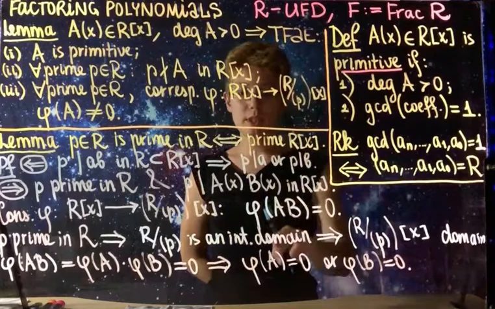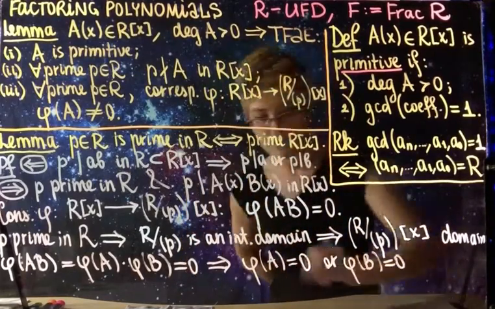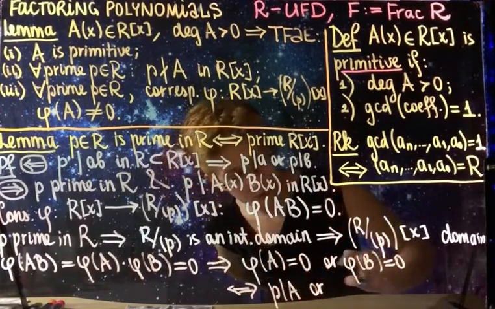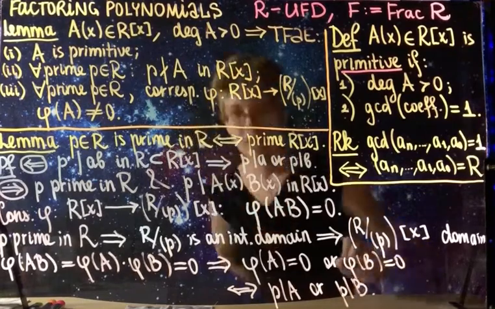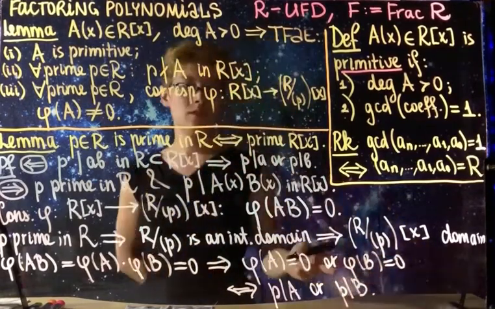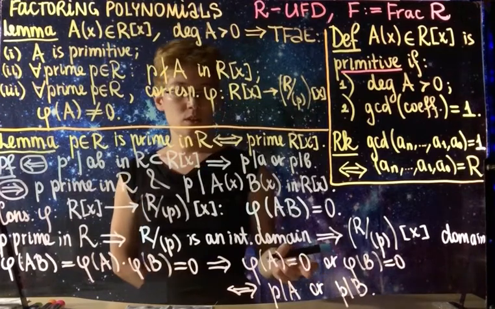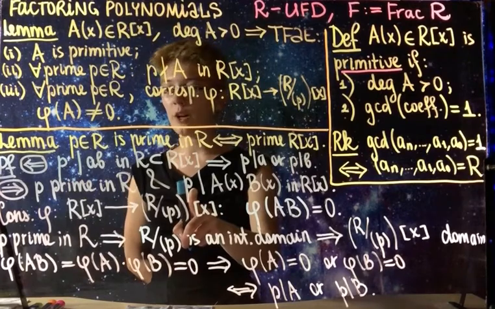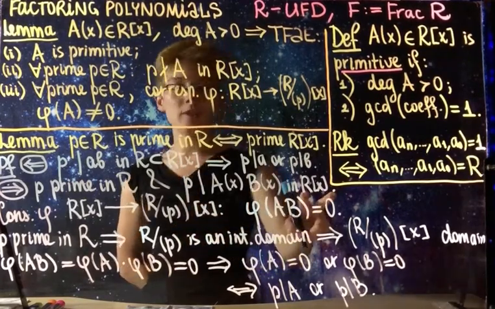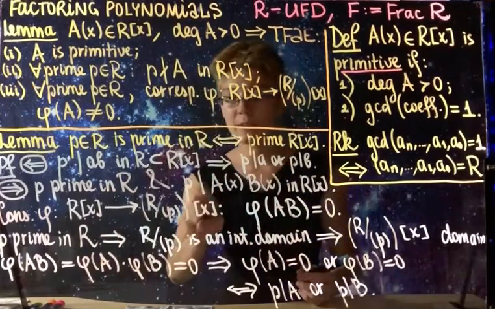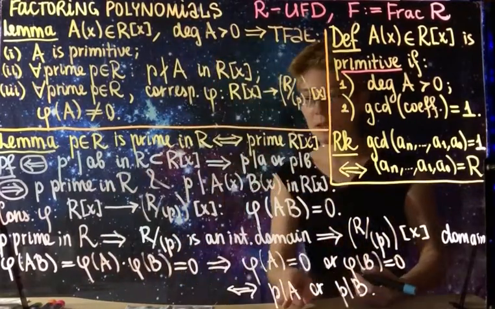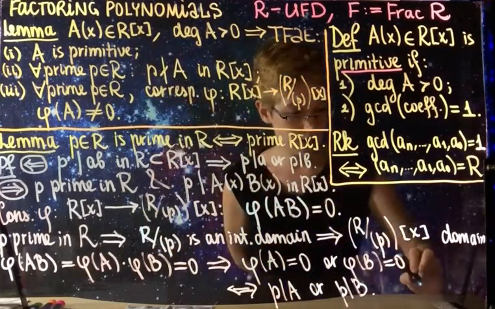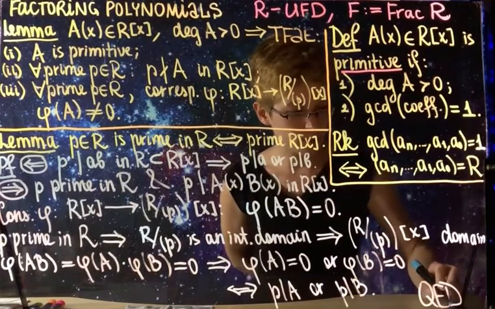But this is equivalent to saying that P divides A, or P divides B, which shows that P is a prime element in the ring of polynomials, because we started with P dividing a product and concluded that P divides one of the factors. And this concludes the proof.